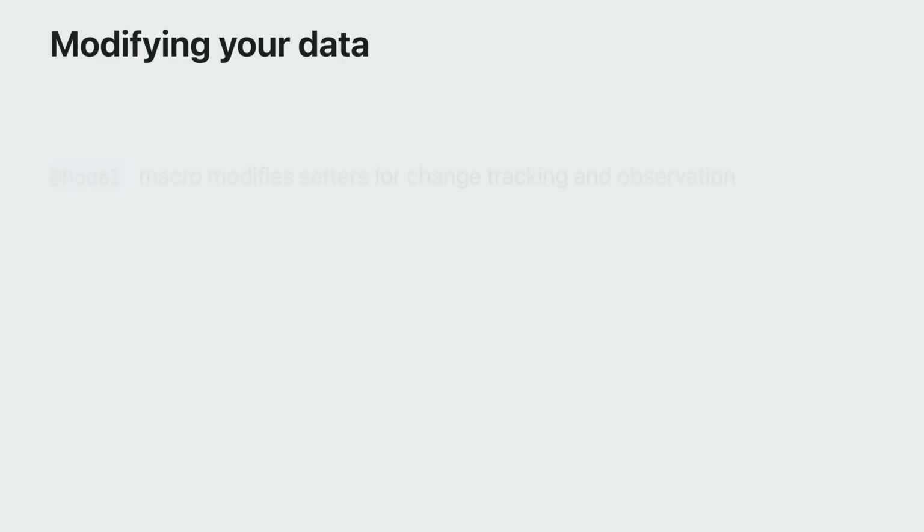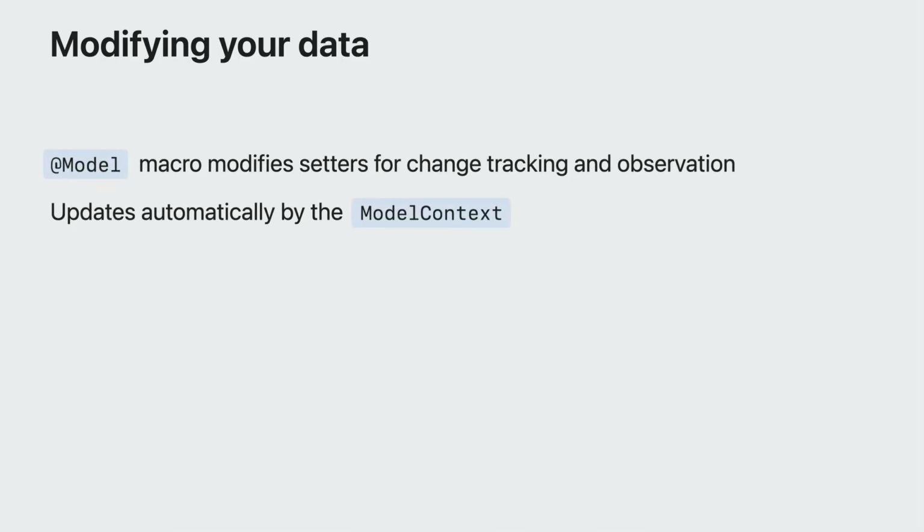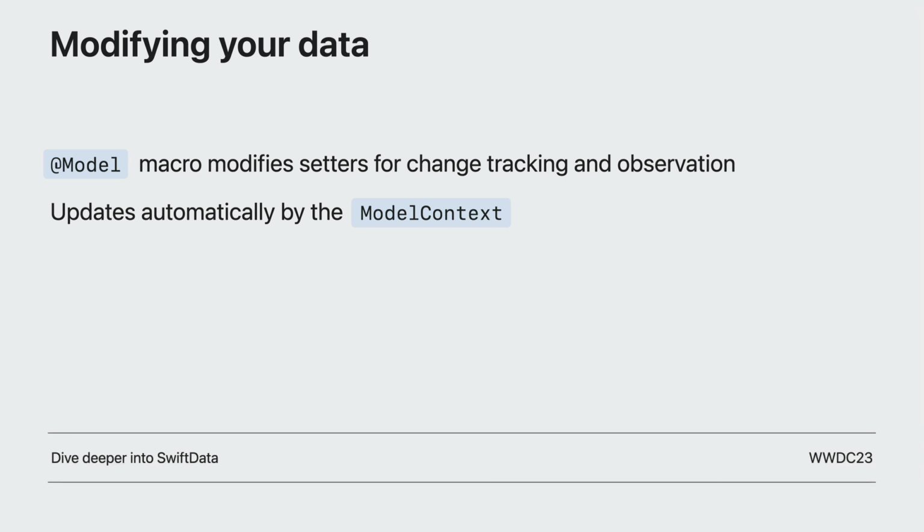Changing property values on your model objects is as simple as using the property setters as you normally would. The model macro modifies your stored properties to help the model context track your changes automatically and include them in your next save operation. To learn more about SwiftData containers and contexts and driving its operations, check out the Dive Deeper into SwiftData session.